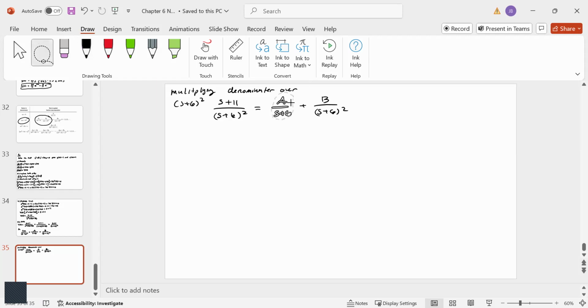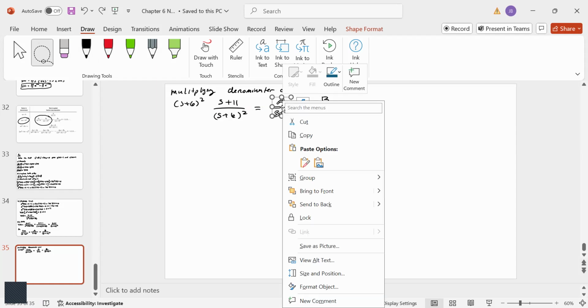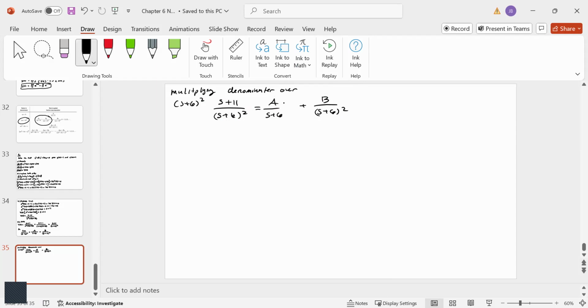And I should have given myself more space here. Like that. Right? So I'm multiplying everything over, everything with s plus 6 squared. Cancel, cancel. This cancels, but this becomes a 1, and then this cancels out completely. And so I get s plus 11 equals a times s plus 6 plus b, right?